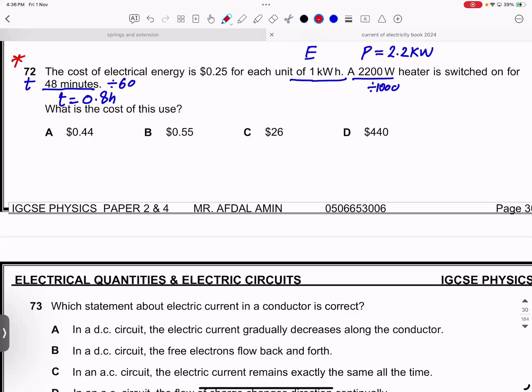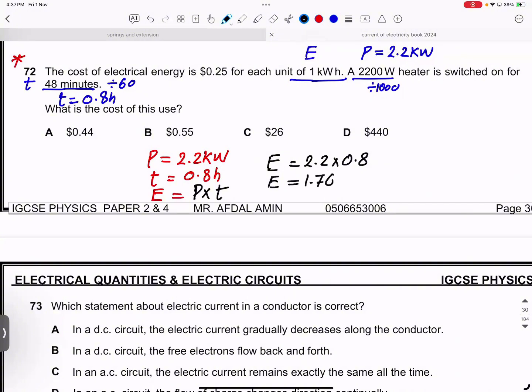So organize the information. You have the power, 2.2 kilowatt. You have the time, which is 0.8 hours. I will first find the energy. Electrical energy formula is power multiplied by time. So energy in 48 minutes will be 2.2 times 0.8, which is 1.76 kilowatt hours.